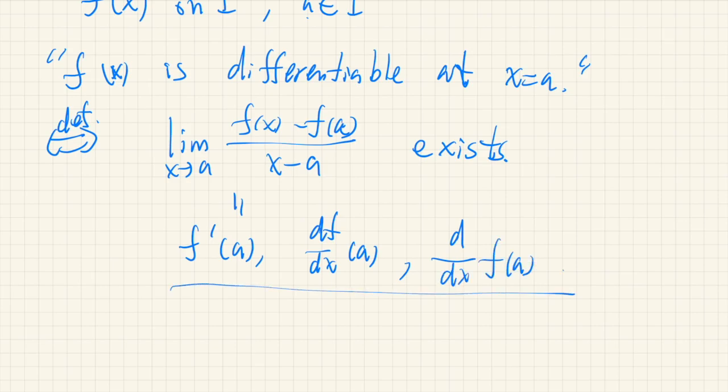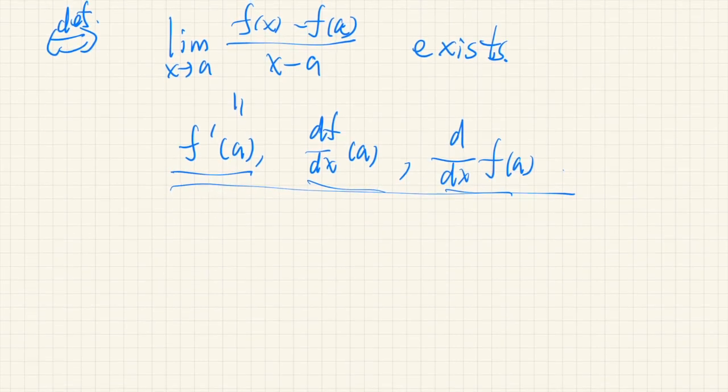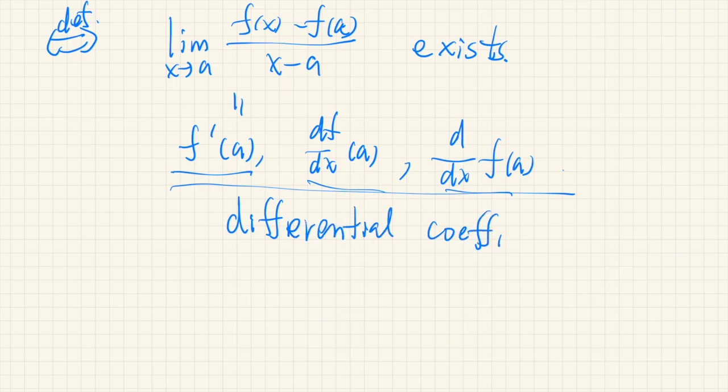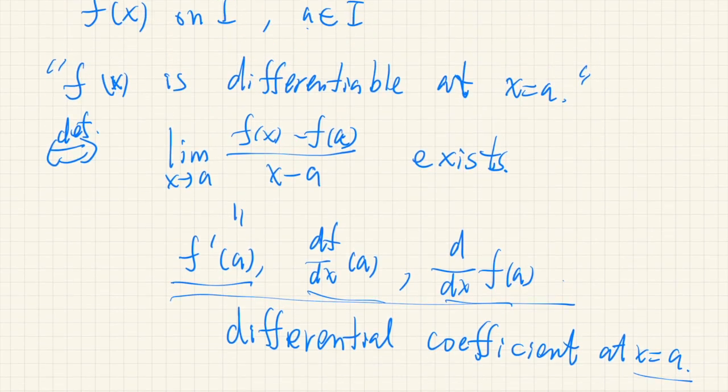Either this or this or this, whatever is fine. And we call it the differential coefficient of f of x at x equal to a. This is defined at a given point x equal to a.